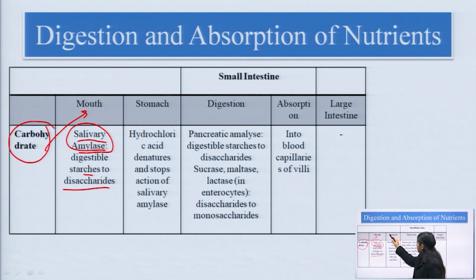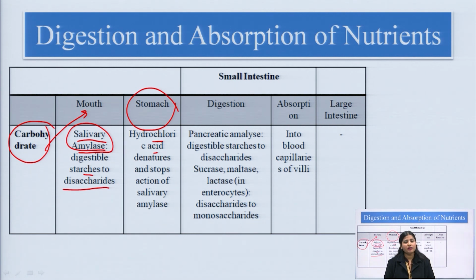Now, if you see the stomach, hydrochloric acid is present in the stomach. Whenever the salivary amylase present in the saliva, which is digesting the complex polysaccharides into disaccharides, comes into the stomach area, what happens?